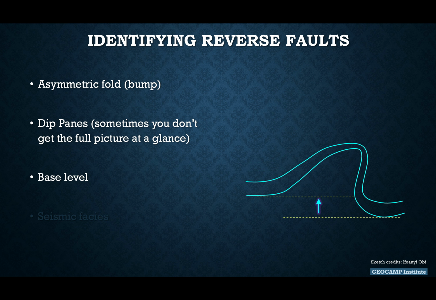Another hint for identifying a reverse fault is a difference in elevation, comparing the elevation of a particular strata to its position on the other side. In this case, let's presume this is the base level, the original elevation of this rock strata A. What we see is that in the western part, it has been uplifted, and naturally everything will preferentially remain in its flat position, except where there's some form of deformation or external force.